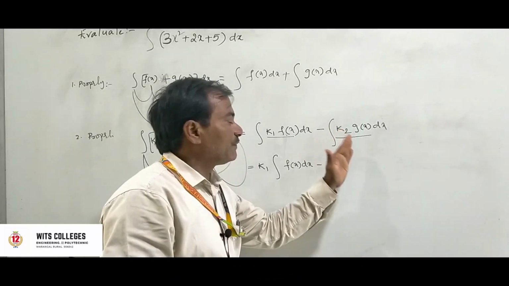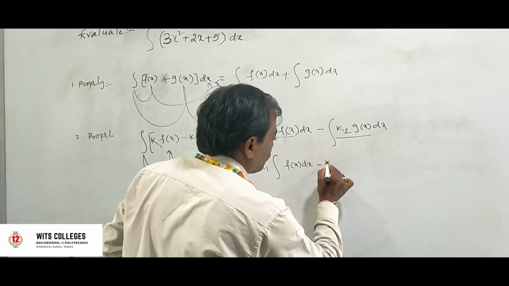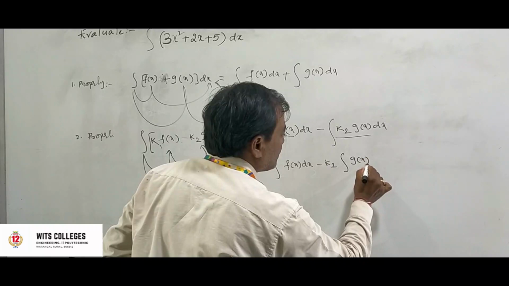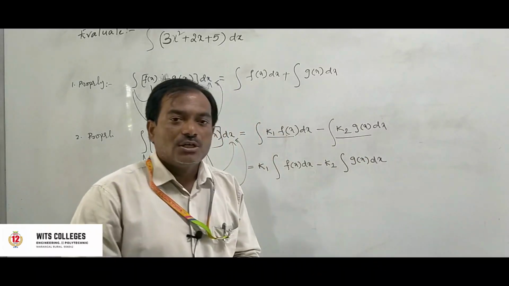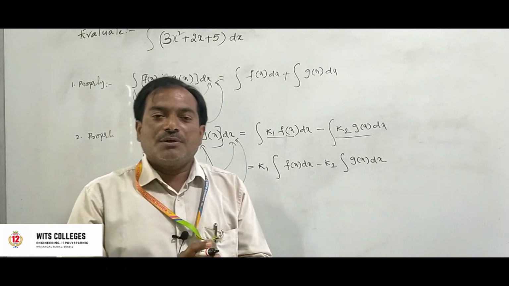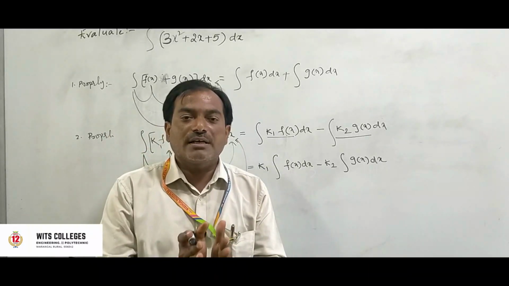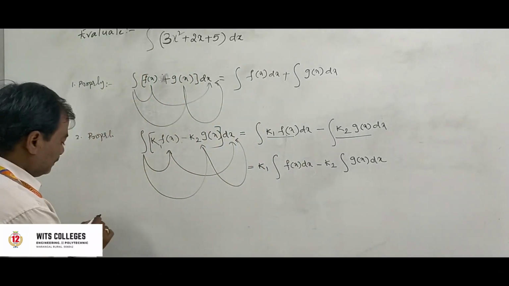Here k2 we shift outside the integral operator. So k2 integral g of x dx. Now this is the second property. So first observe, if any integration is given, which property can be applied here. Now we solve this problem.